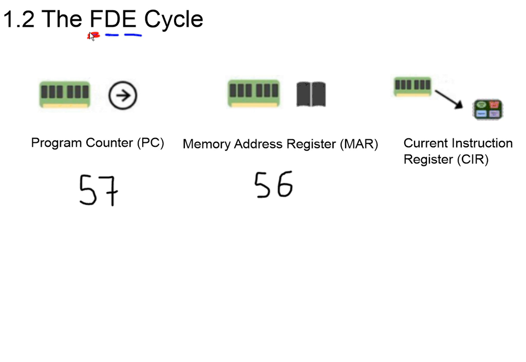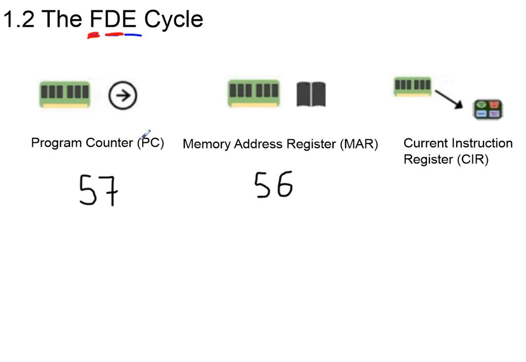Okay, now it is on to the decode part of the FDE cycle. So you might want to pause the video as I've been explaining the fetch part and now the decode part, because we've looked at the three registers now. So I'll just recap everything actually right now really quickly. So the fetch, you check the program counter, step 1.